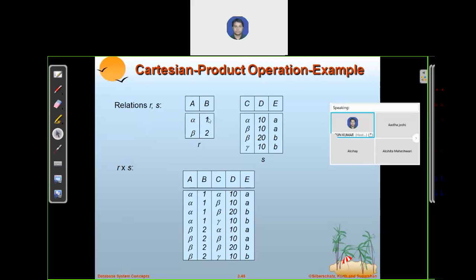It combines two relations, and each record of one relation will establish a relationship with all the records of the other relation. This kind of joining is called a Cartesian join or Cartesian product of two relations.